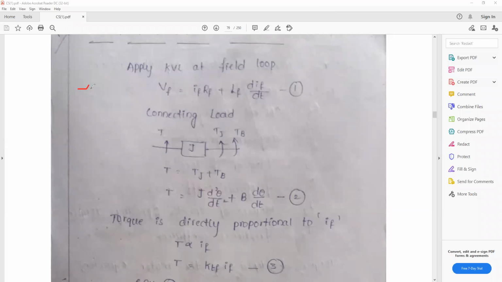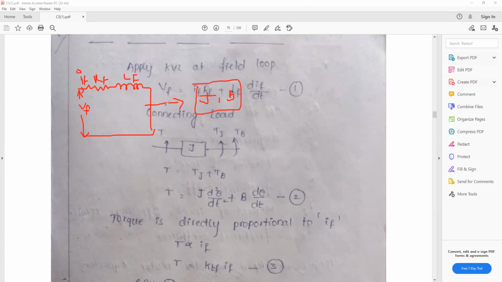The field resistor RF, field inductance LF, and field voltage VF, and the field current IF at the field resistor RF and field inductance LF, and the same connecting load J and B, and the torque is applied torque T and the angular displacement theta. So this is the field controlled.